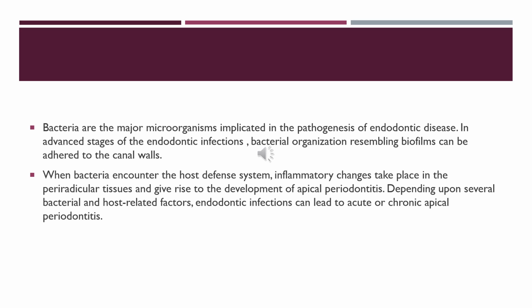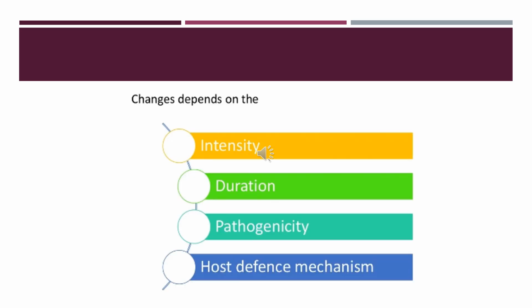Depending upon several bacterial and host related factors, endodontic infections can lead to acute or chronic apical periodontitis. These changes depend on the intensity of the disease, duration of the disease, pathogenicity of the bacteria, and defense mechanism of the host.